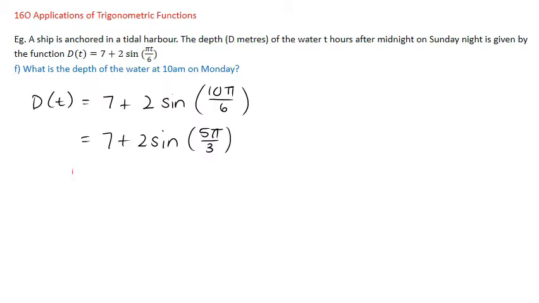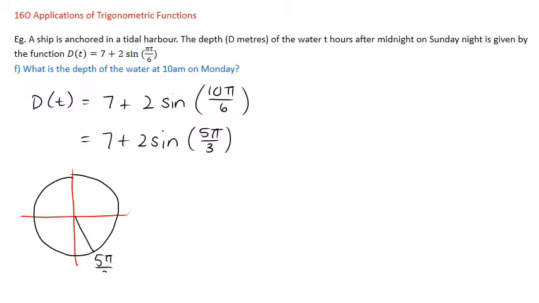Let's work it out. 5 pi on 3 is down here, all the way over there. We're pi on 3 away from 2 pi, so you could think of it as the same as pi on 3, but negative.